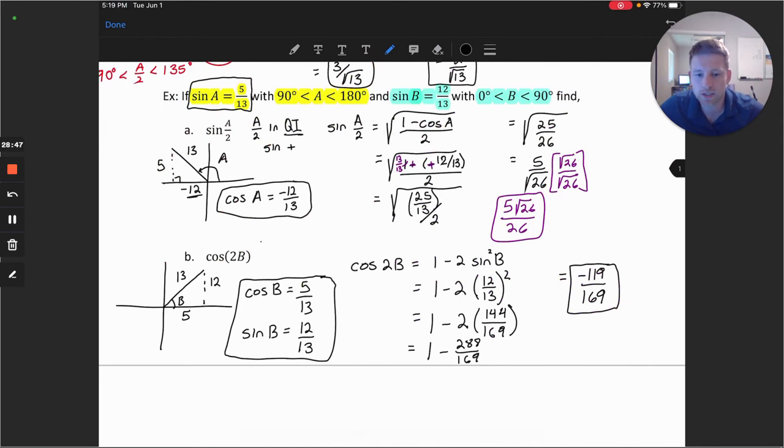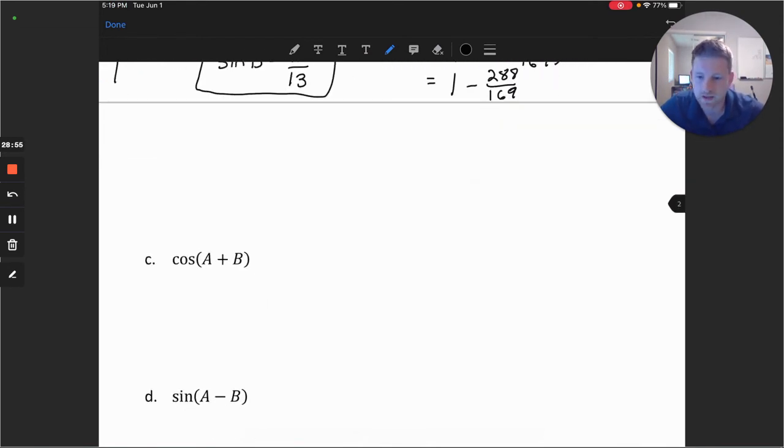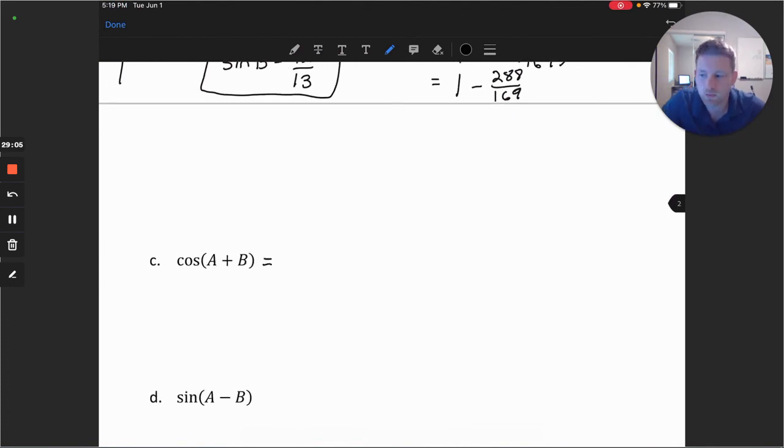So let's take a look now at part C. Part C is going back to our sum angles. So cosine of A plus B. If we recall what our sum formula is for the cosine, when we're working with cosines, we always want to start with the cosine of both angles.